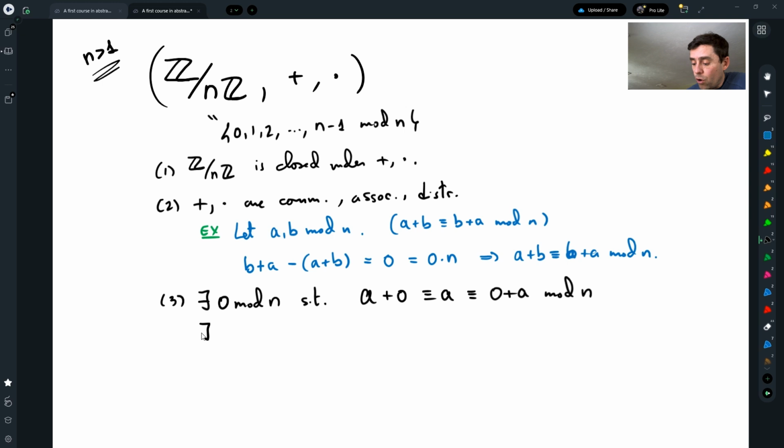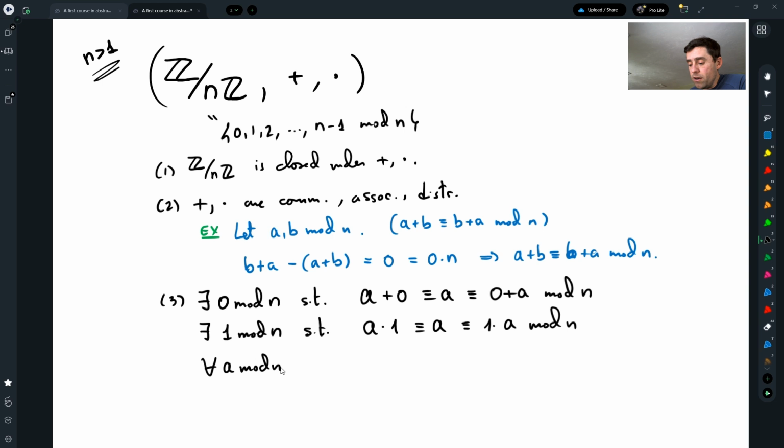And there is also a 1 modulo n, the class of 1 modulo n, such that A times 1, well, it is A, and it is 1 times A modulo n. And finally, for all the classes, if I have a class A modulo n, then there is a class that we're going to call minus A modulo n, such that A plus minus A is the same as minus A plus A modulo n, which is congruent to 0 modulo n.